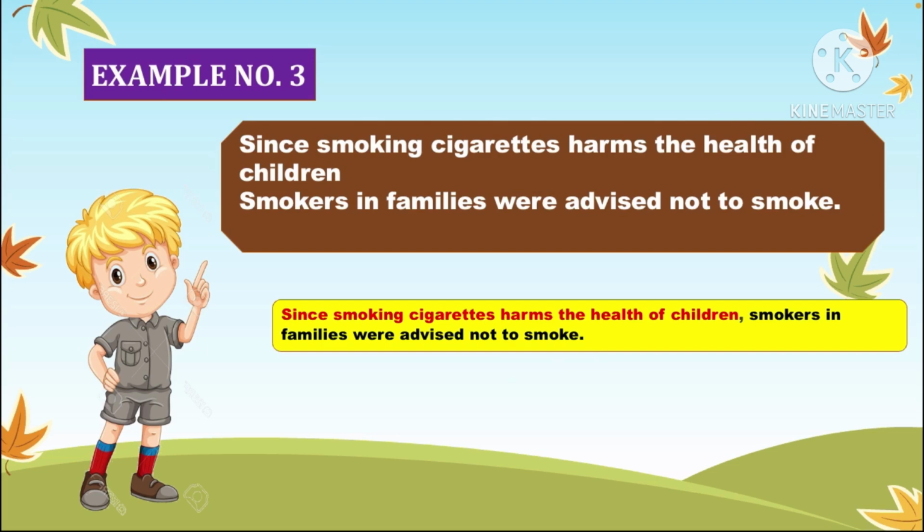In here, which one is the dependent and independent clause? This one, or the first clause, is a dependent clause because it has the subordinating conjunction since at the beginning of the phrase, while the next clause is an independent clause.